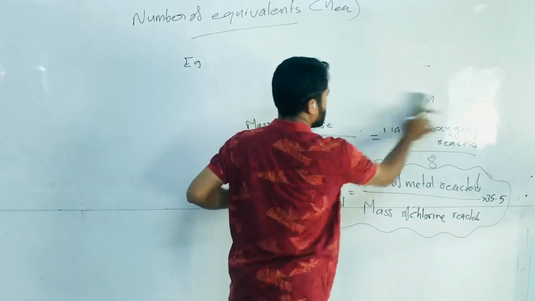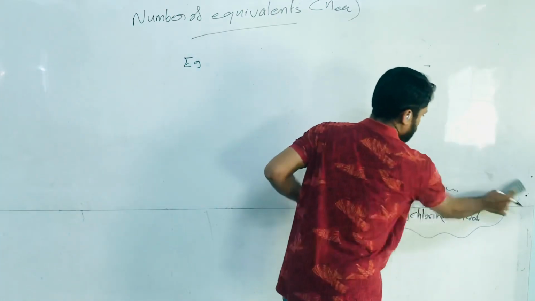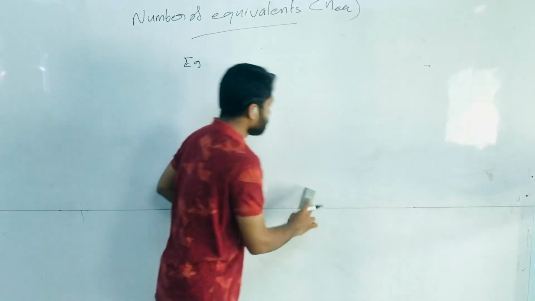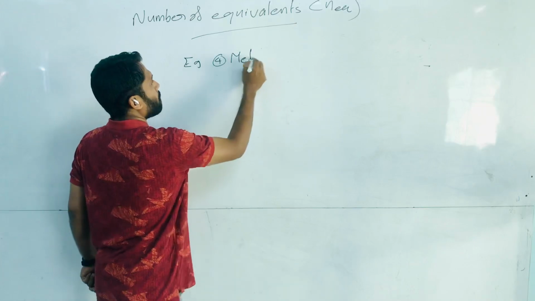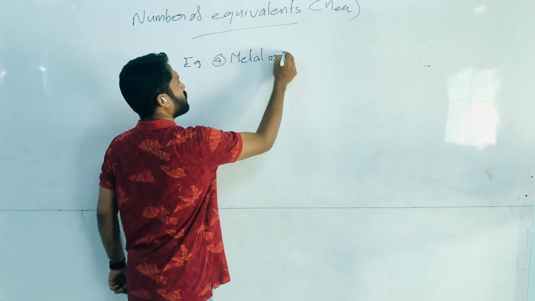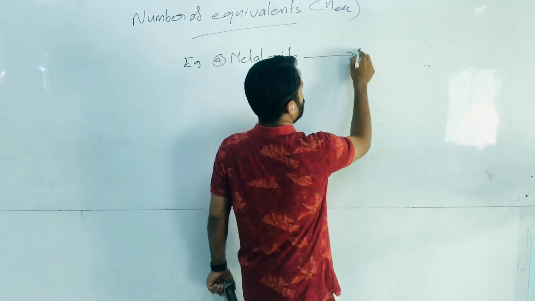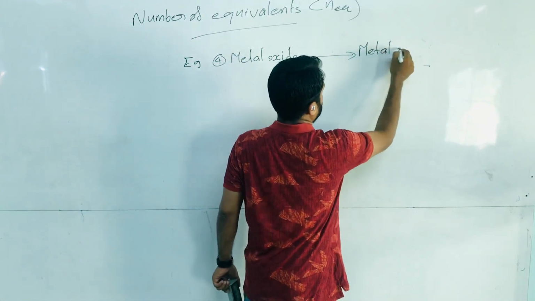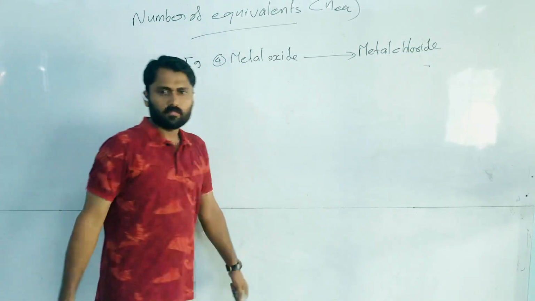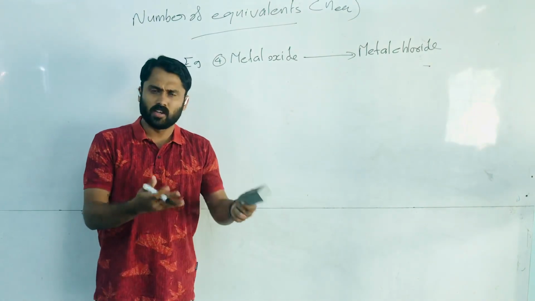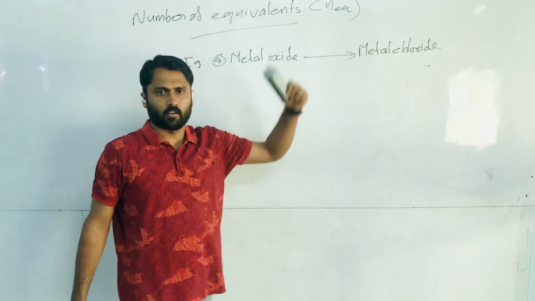In this area, we should focus on a special question. If we are given that a metal oxide is completely converted to metal chloride, if the metal oxide reacts with X amount of chlorine, it is completely converted to metal chloride.